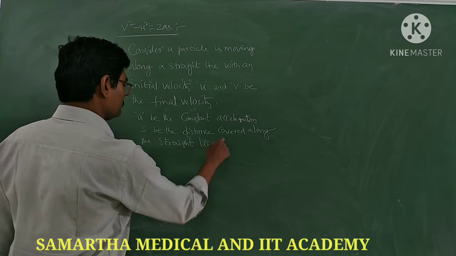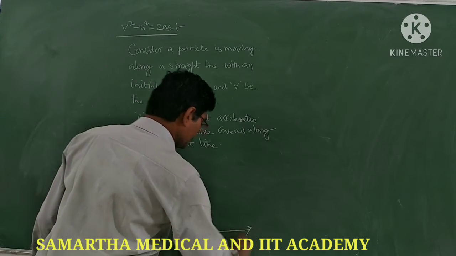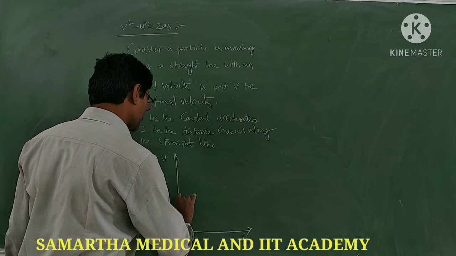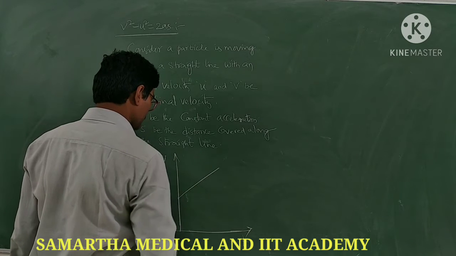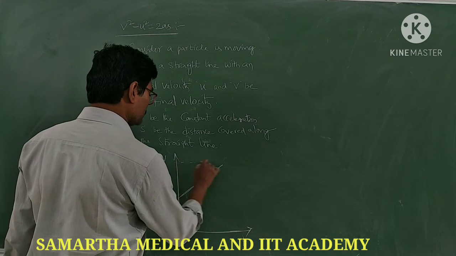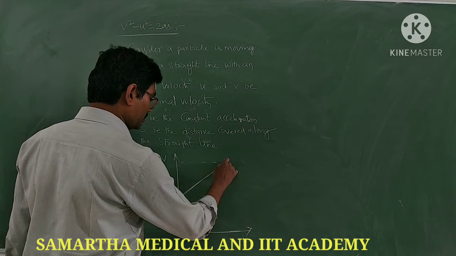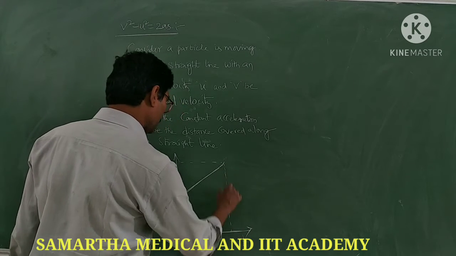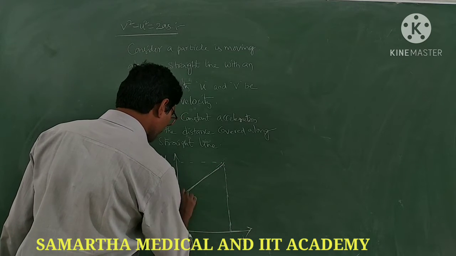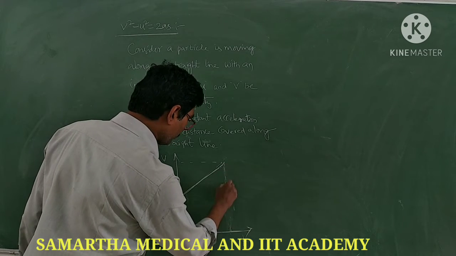Now I am going to take the v-t curve. See here, this is v and this is t. Suppose the particle has initial velocity u and it is linearly increasing, meaning the velocity is changing linearly, like this. This is the final velocity, this is the initial velocity, and this is the area covered by this curve. This looks like a trapezium.